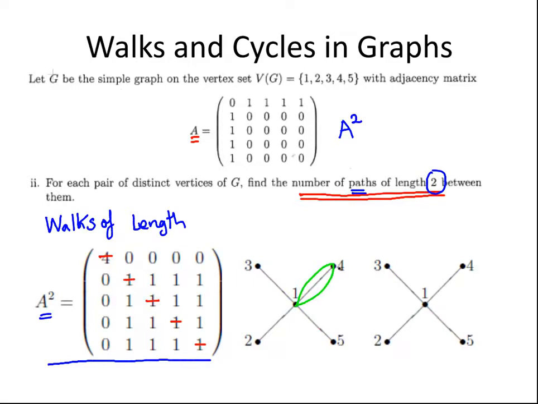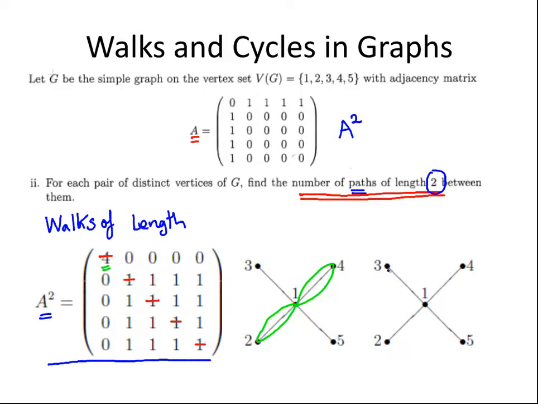For example, a walk of length 2 that starts at 1 and ends at 1 would go up to vertex 4 and come back to vertex 1. Likewise for each of the other vertices, go down to vertex 2 and come back. So there are 4 walks of length 2 that start at 1 and end at 1. Likewise, there's a corresponding walk that starts at 4, goes down to 1, and comes back to 4. Those are all the diagonal elements.